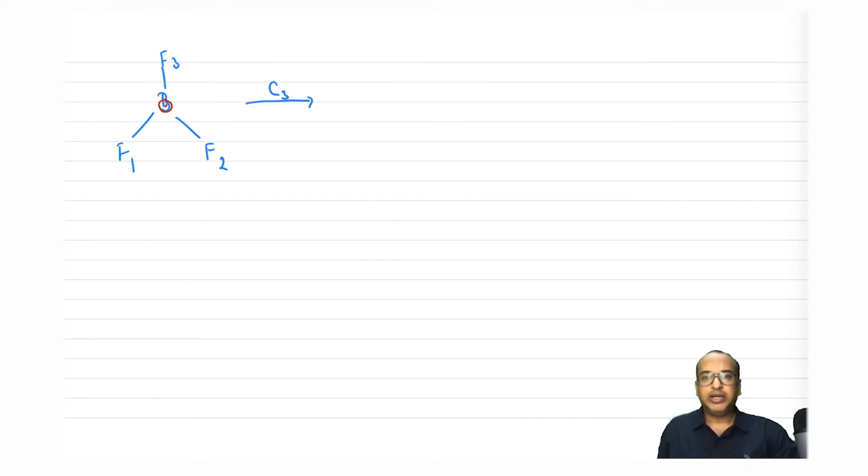If we do a C3 operation anti-clockwise, B remains at its own position, and 1 moves here, 2 moves there, 3 moves here, a 120-degree rotation. Now let's do a C3 square operation, so C3 done twice. What will happen?